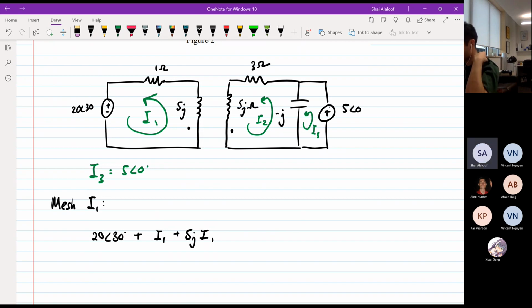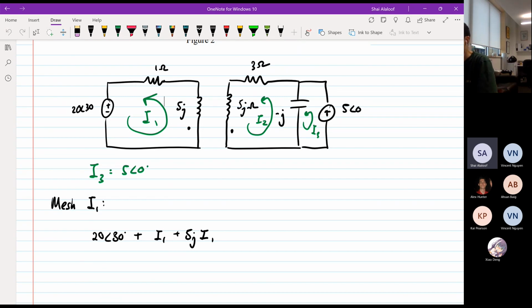Yeah, this should be plus 20J. It doesn't matter what polarity I take, but I tend to not label them and just always take them as positive when I'm going around a loop. And I find that saves me a whole lot of confusion in the future.